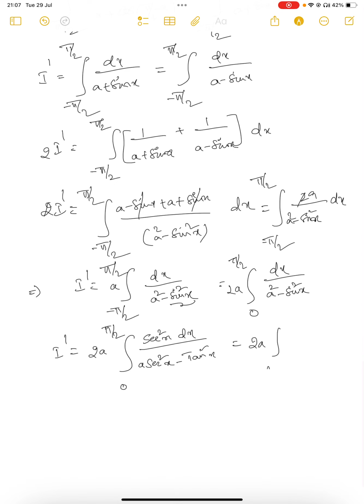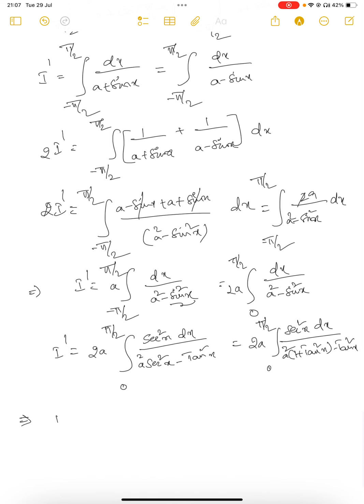Let us write the denominator in tan form. 2a integral 0 to pi by 2 secant square x dx by a square into secant square x, which is 1 plus tan square x, minus tan square x.